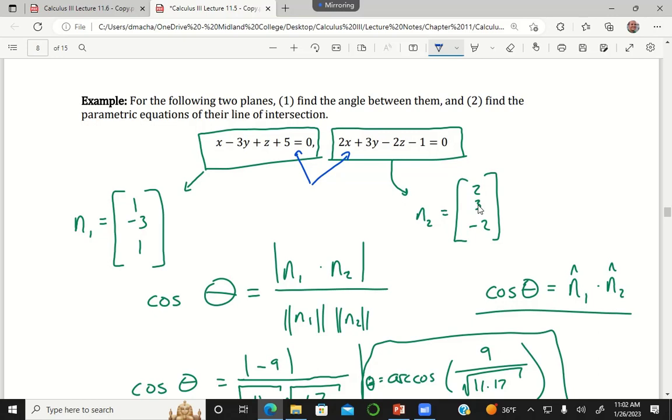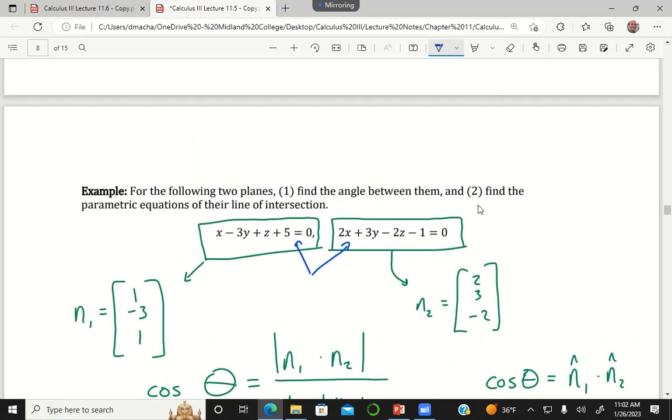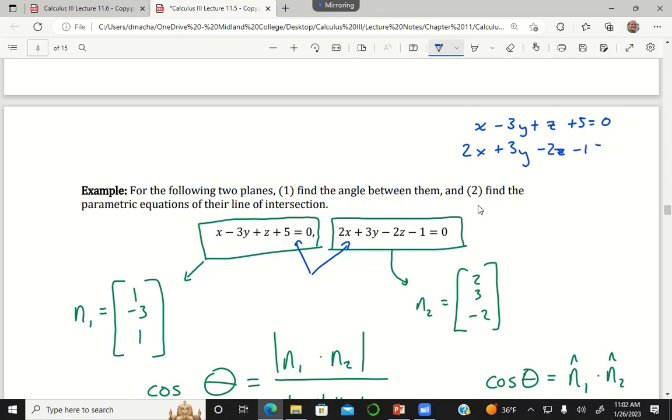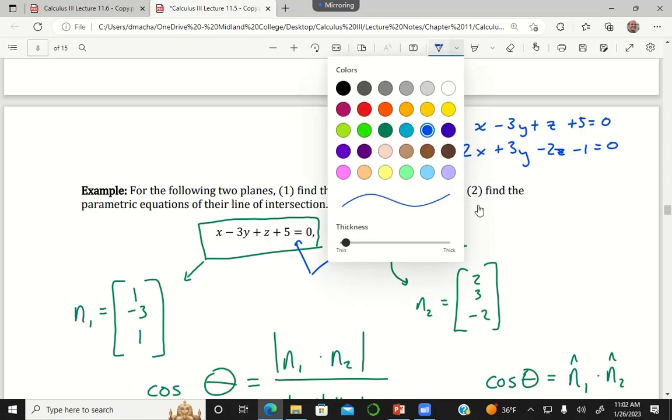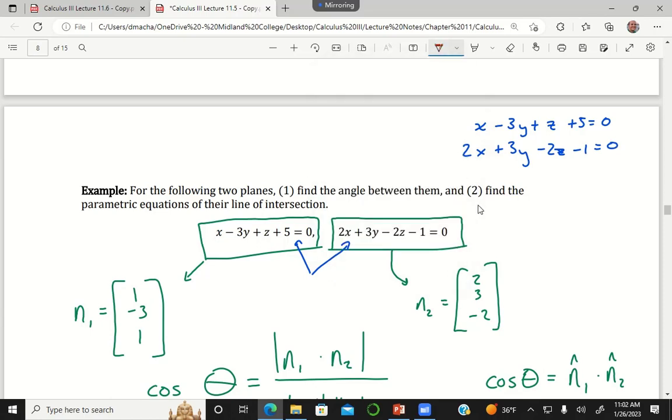So what I'll do to find that point is write x minus 3y plus z plus 5 equals 0. And below that I'll write 2x plus 3y minus 2z minus 1 equals 0. What I'm going to do is called elimination.